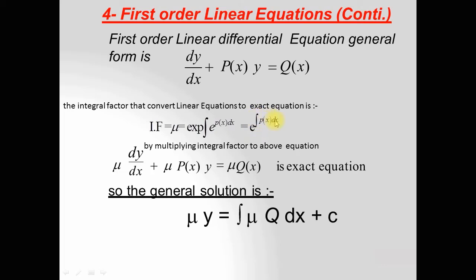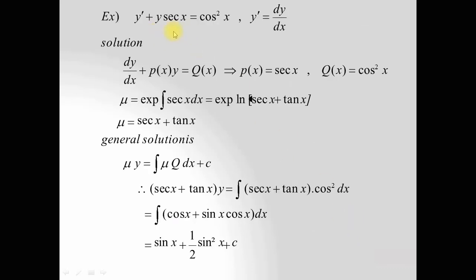Then after finding the integrating factor, multiply it to the given linear differential equation, and we can find its solution by using this formula: mu, the integrating factor, multiplied by y is equal to the integration of mu times the q function with respect to x, plus c. Now let's move on to an example.